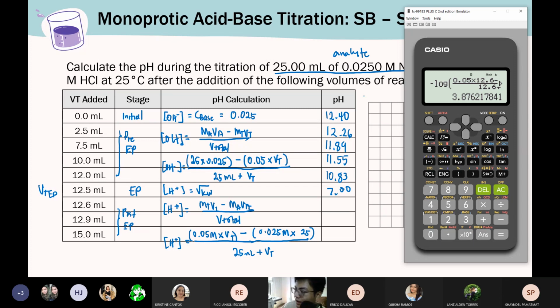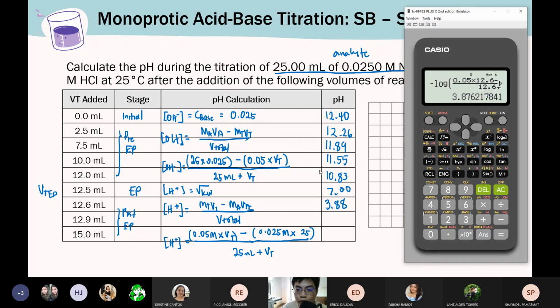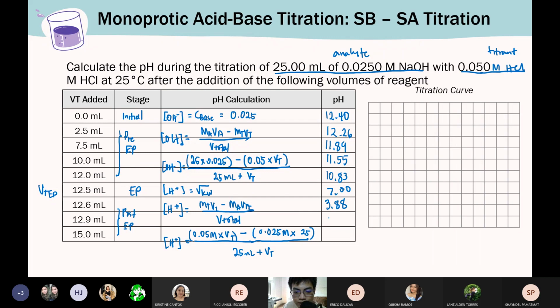Okay kayo dyan. 3.88. Tapos 12.9. Okay, so 12.9, it's 3.28. Okay. Same answer. Yan, I'm good. So 3.29, 28, sorry.